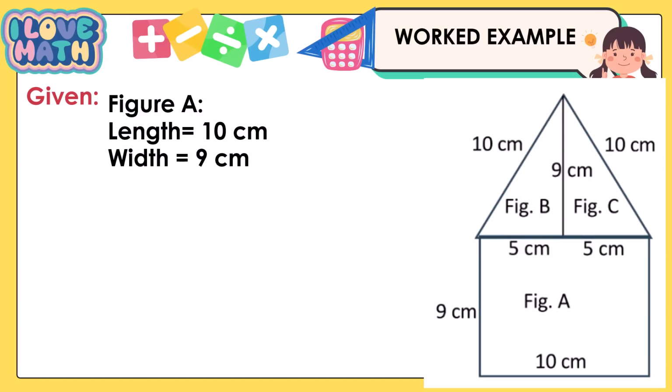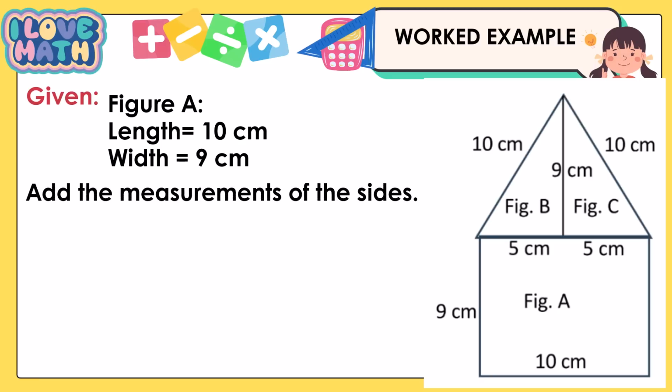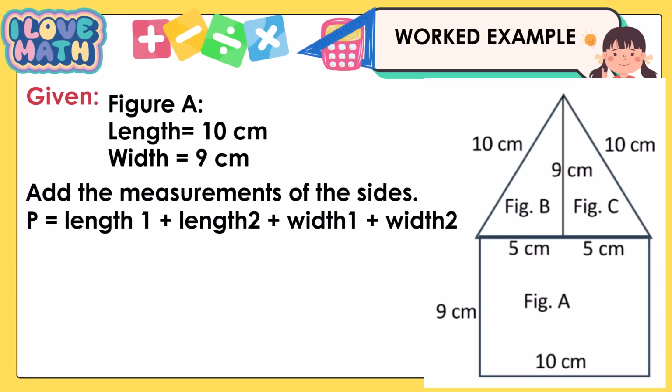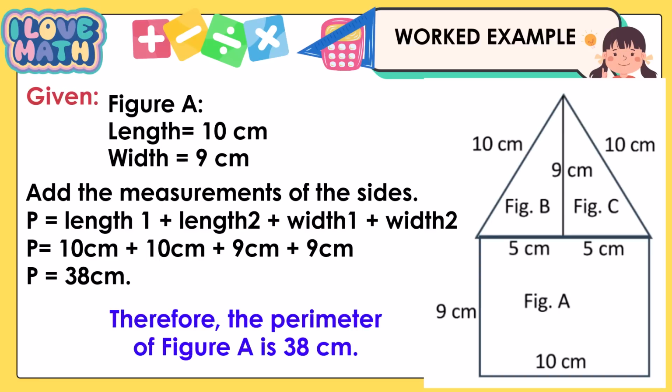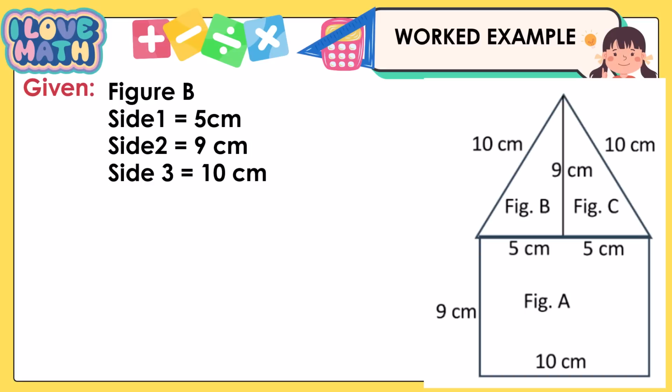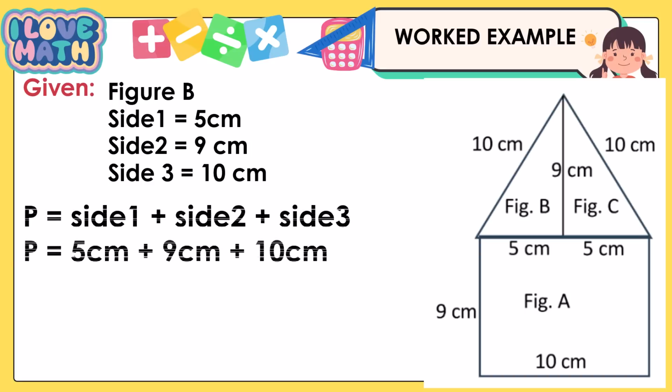Given figure A, add the measurements of the sides. The answer is P equals 38 centimeters. Therefore, the perimeter of figure A is 38 centimeters. Given figure B, P equals side 1 plus side 2 plus side 3.